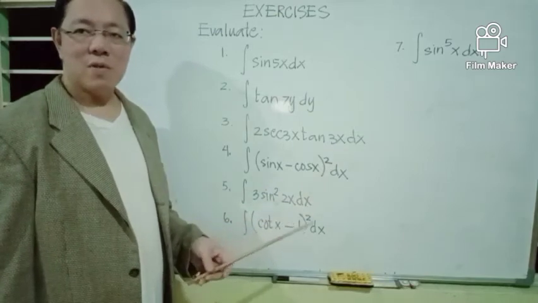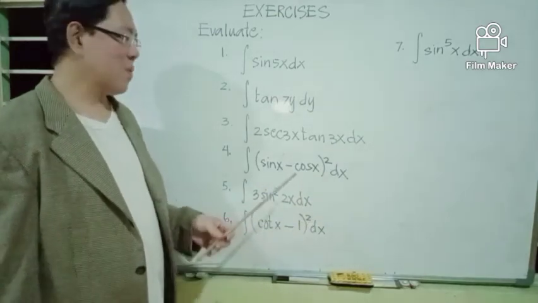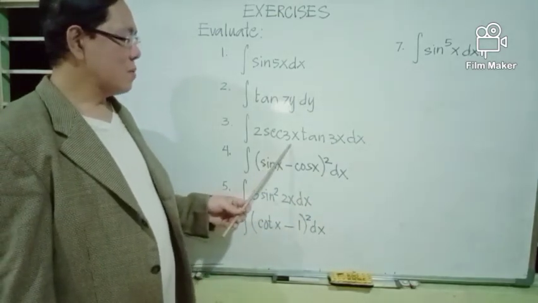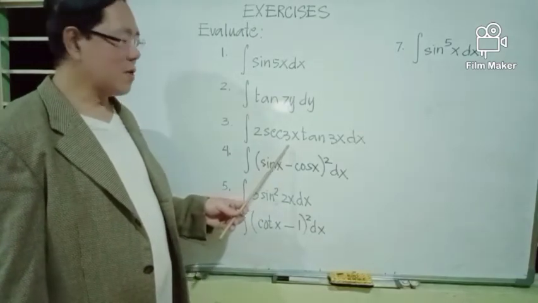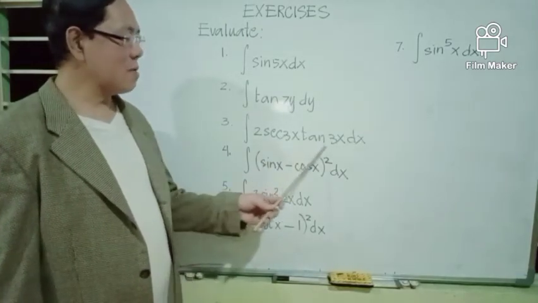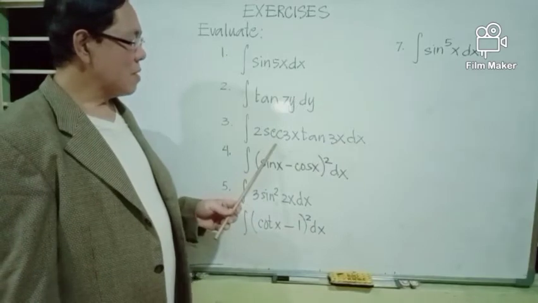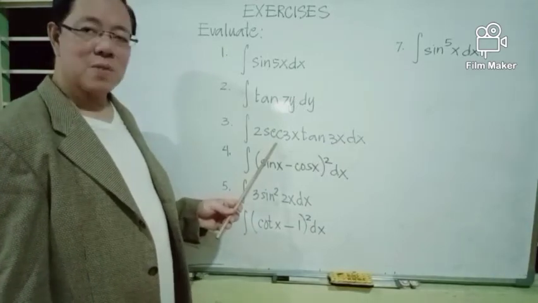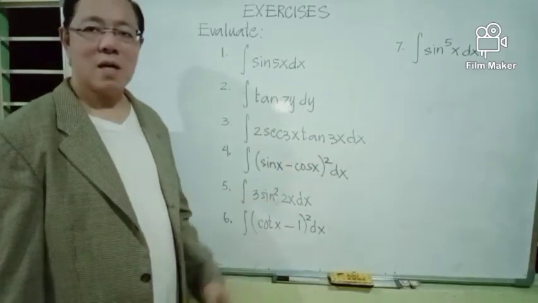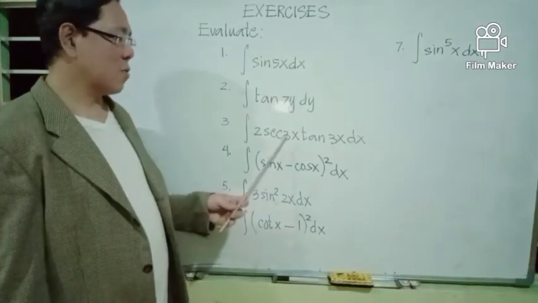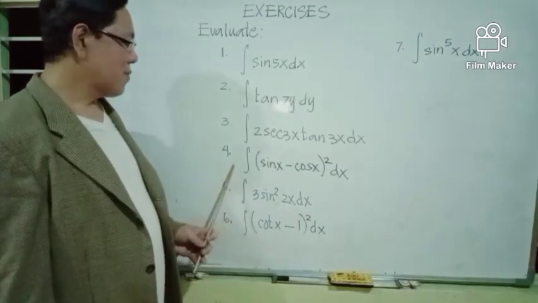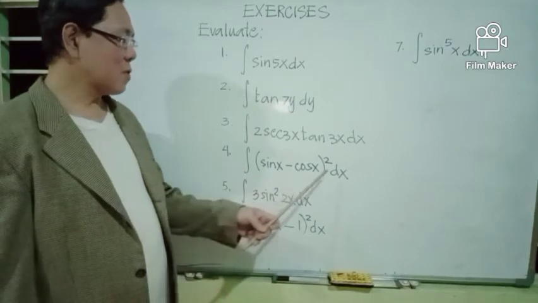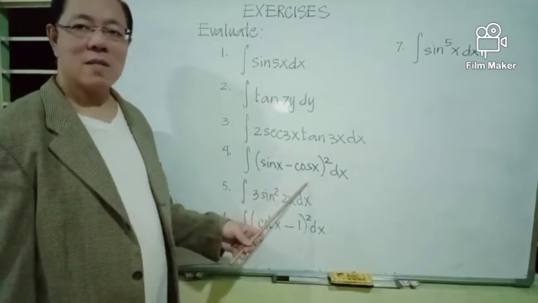First, you will use a change of variable to convert this given integral to functions of secant and tangent of an angle whose coefficient is 1. In number 4, we have the integral of the square of sine x minus cosine x.